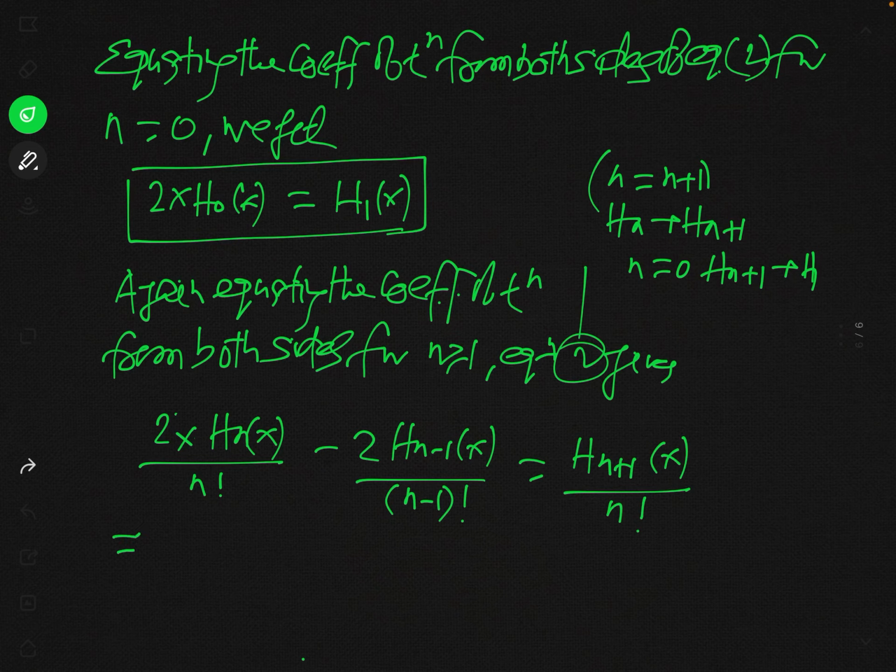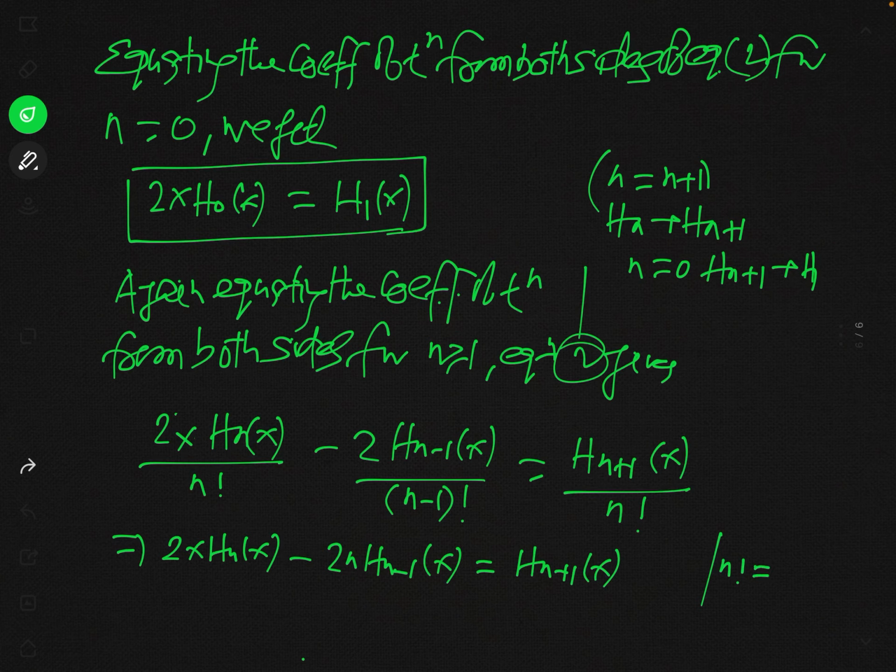So now simplify it. You can see this is 2x hn of x minus 2n hn minus 1 of x, and this will be equal to hn plus 1 of x, because you know n factorial is equal to n times n minus 1 factorial.